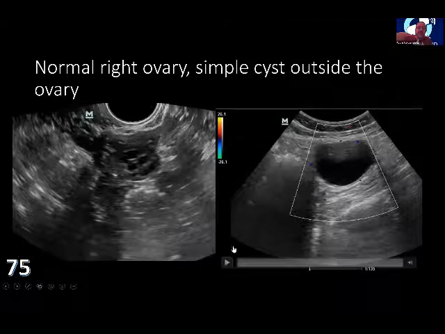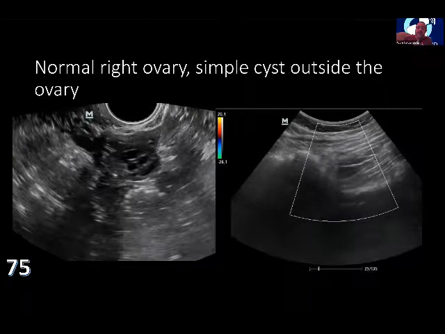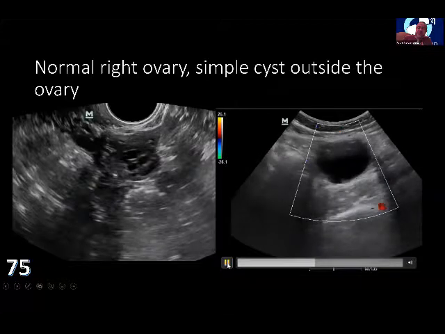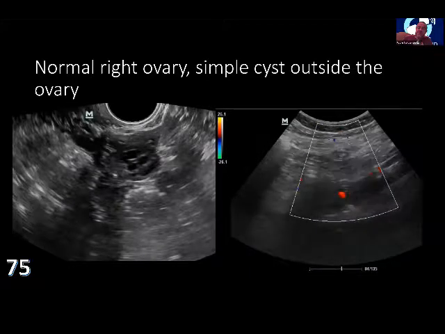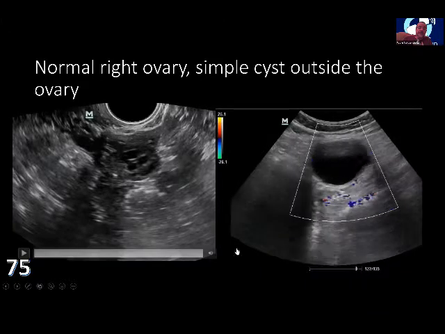Right ovary, highly located abdominopelvic cystic mass, not ovarian cyst. The ovary is normal.